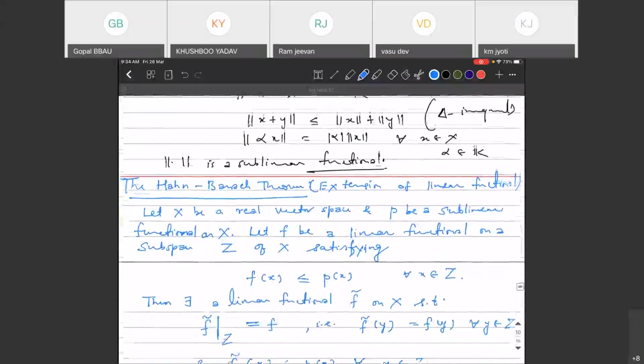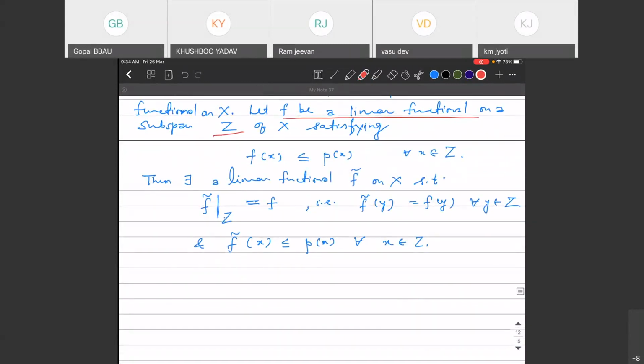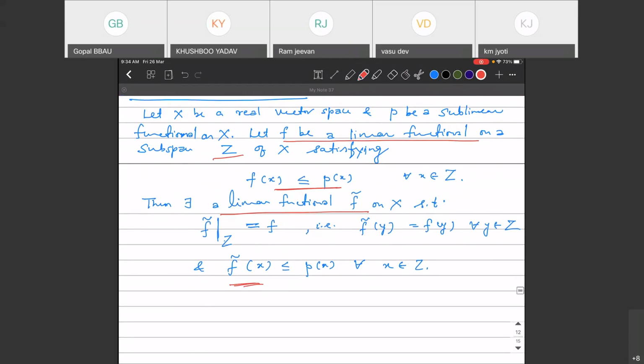If you see, we have a linear functional f on subspace Z, then we are getting an extension of f, but in addition it preserves something. This f was subordinated by p, meaning f was always less than or equal to p, and this f tilde was always less than or equal to p. Correct?